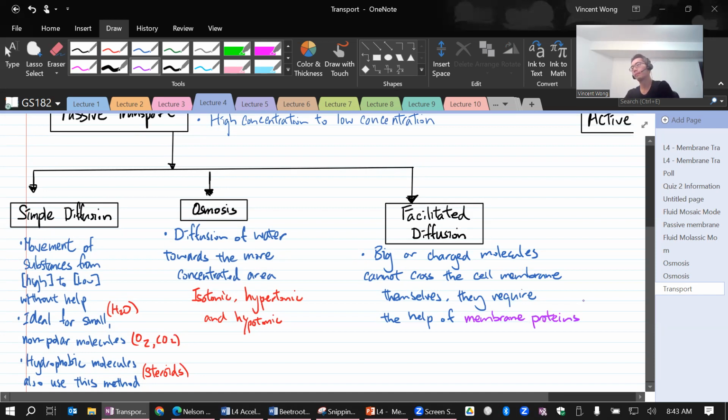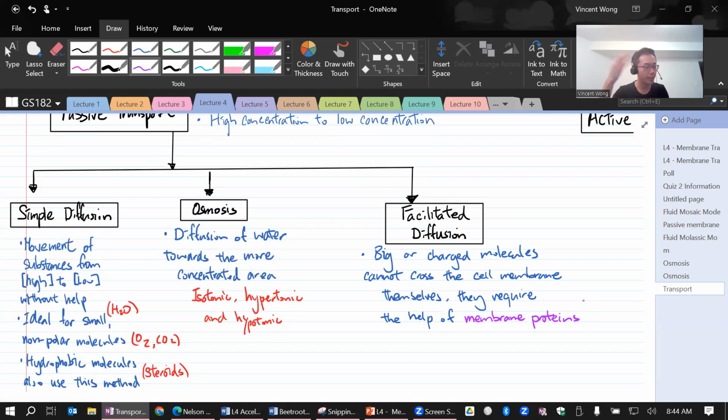We learned about membrane proteins. We know they have integral proteins and peripheral proteins, and they have different functions: attachment to the cytoskeleton, enzymatic activity, cell-cell signaling, and so on. One of the 6 functions that we talked about is transport.